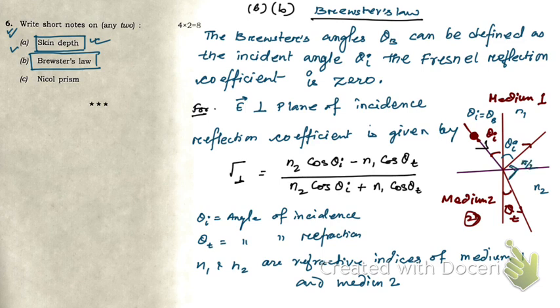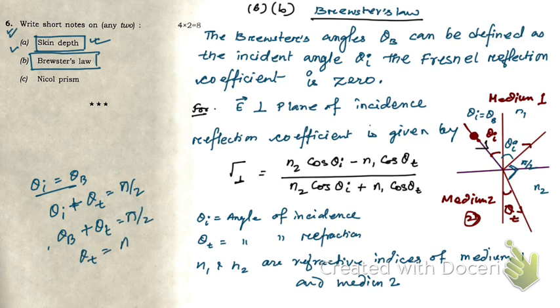So for theta I equal to theta b, theta I is equal to theta b, and theta b plus theta t should be pi by 2, or theta t can be written as pi by 2 minus theta b.